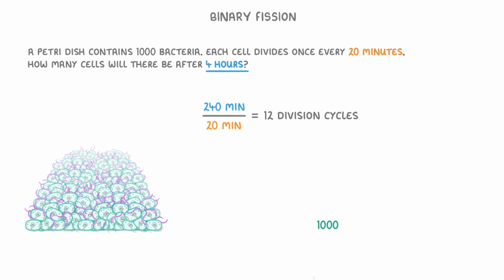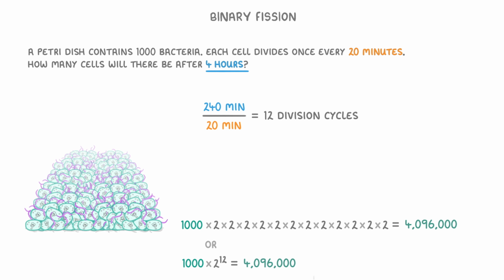And then because we started with 1,000 bacteria this time, we'd multiply 1,000 by 2 12 times, or just multiply it by 2 to the power of 12. Which in either case gives us 4,096,000 bacterial cells.